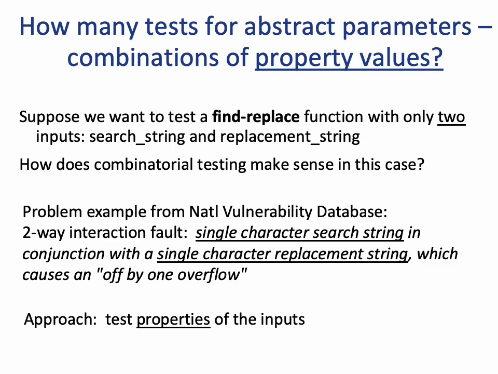But the key point here is that we have a single character in the search string and a single character in the replacement string. In other words, a two-factor combination. If only one of those conditions was true, then it would not cause this off by one overflow. So what we can do to apply combinatorial testing in a case like this is look at properties of the inputs.